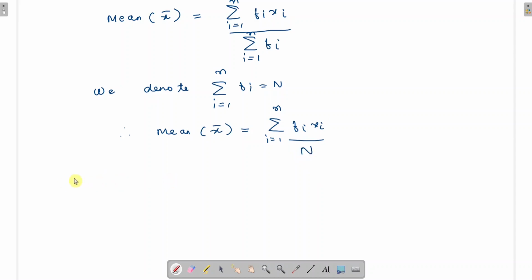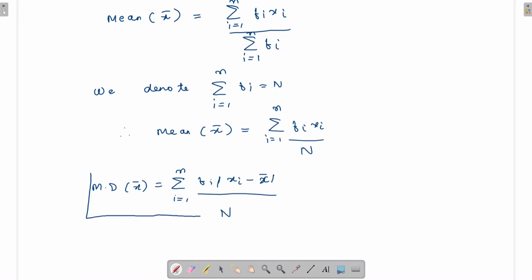So mean deviation about mean, now we can write, will be equal to summation i going from 1 to n fi modulus xi minus x bar, so these are the deviations, divided by capital N. So this is the formula for the mean deviation about mean in the grouped data.